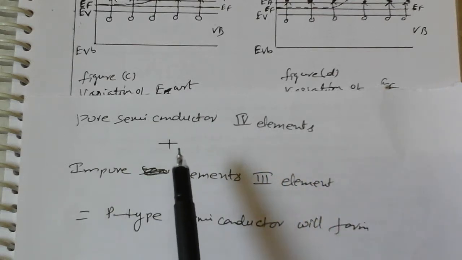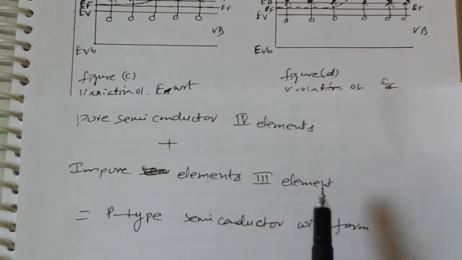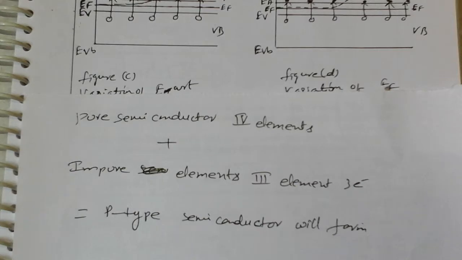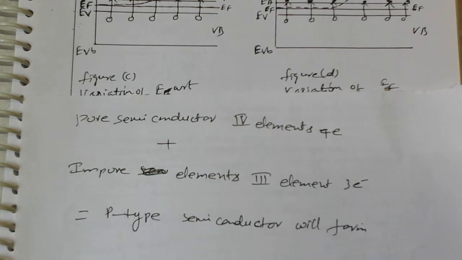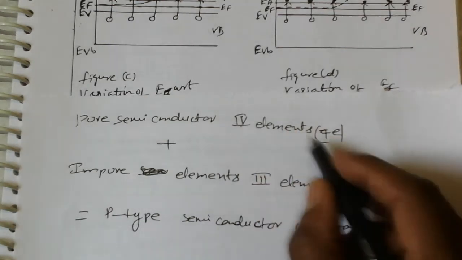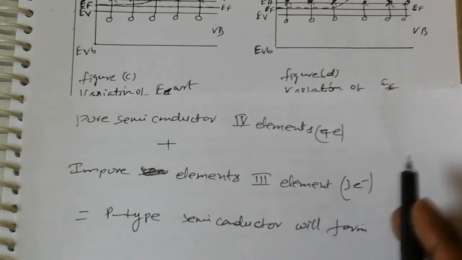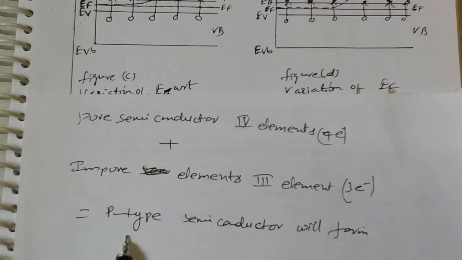If you add doping, impure elements like third group elements, which have only 3 electrons in the outermost orbit, while the fourth group element has 4 electrons, and mix them, automatically a p-type semiconductor will form.